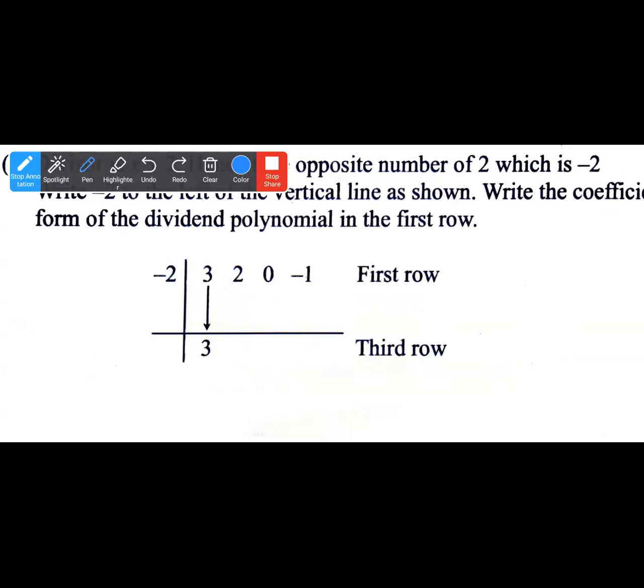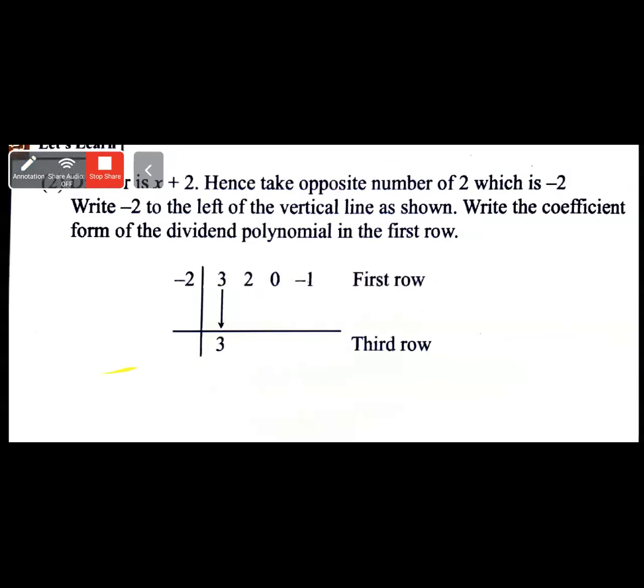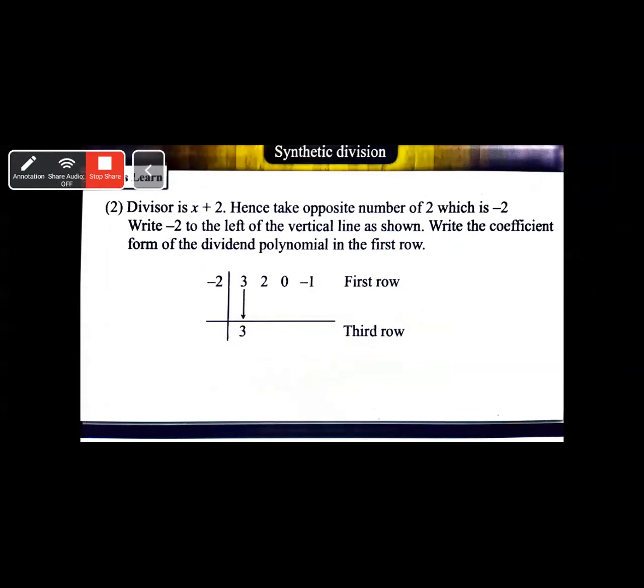This way you have to complete your synthetic division method. After that you will get the coefficient form of the quotient, and you have to convert it into a polynomial. Let's go through each step.